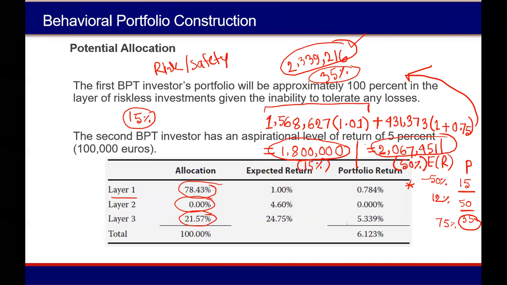But this 2.067 million is below the 2.1 million, and this probability is 50%. So we can say that in 85% of cases, or it is 85% likely that he can have at least 2.067451 million wealth in his portfolio.